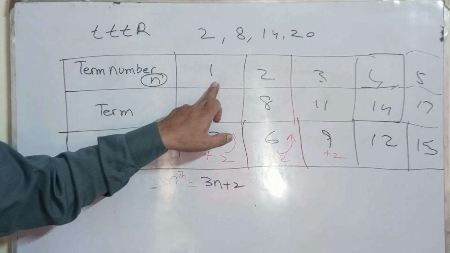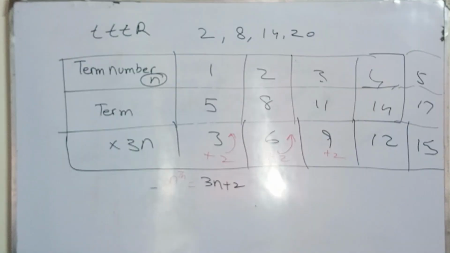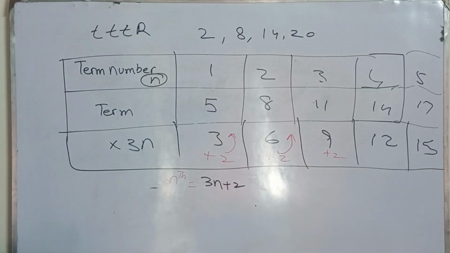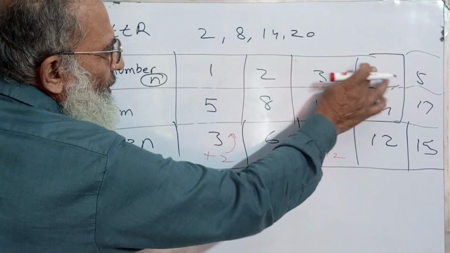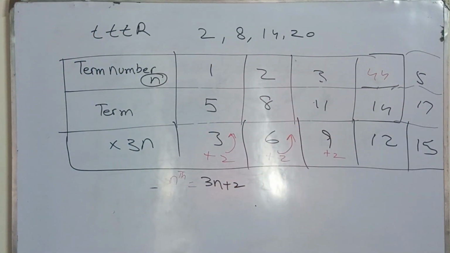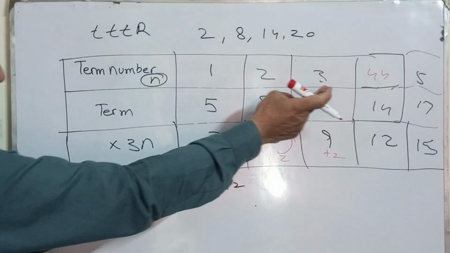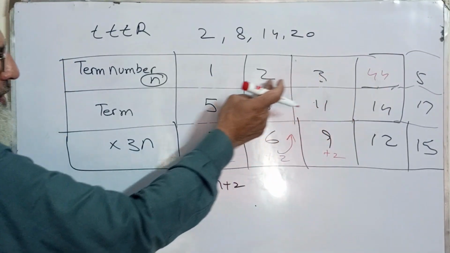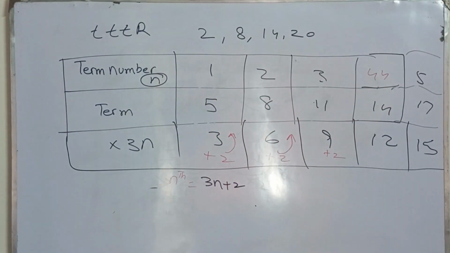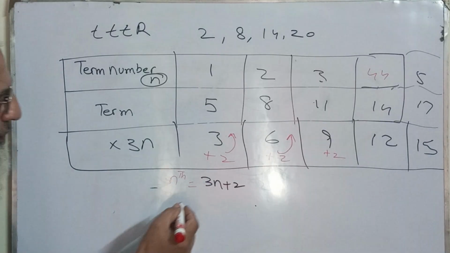You see that this is n, 2, 3, 4, 5. For example, this is the 44th term now. How will you find the 44th term? Just because this is number n. This is 44, 43, 42, 41. Now that means n is 44 over here.